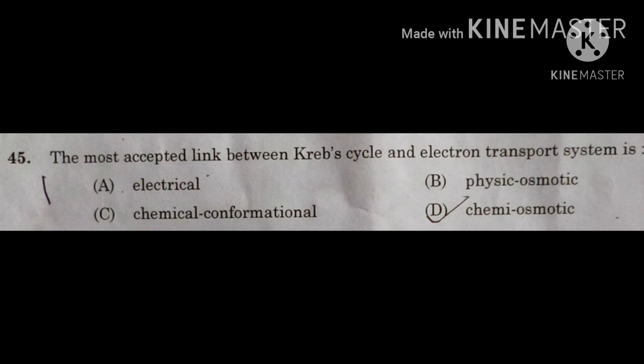For the production of ATP, the following components are required: a proton gradient, a semi-permeable membrane, a proton pump, and finally the enzyme ATP synthase. So, the correct answer for this question is option D, chemiosmotic.